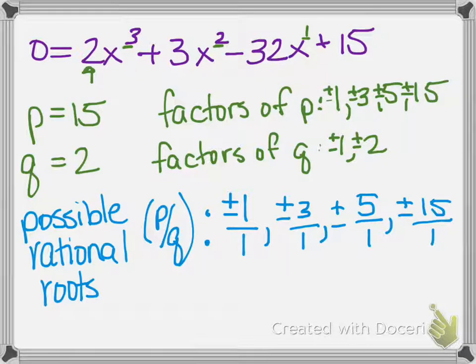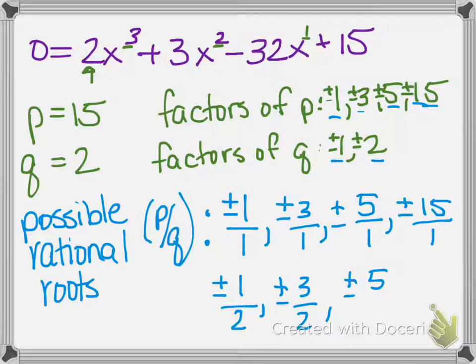So that's all of the number factors from P divided by that Q, divided by 1. Now we do the same thing for the denominator being 2. So I have positive or negative 1 over 2, positive or negative 3 over 2, positive or negative 5 over 2, and positive or negative 15 over 2.